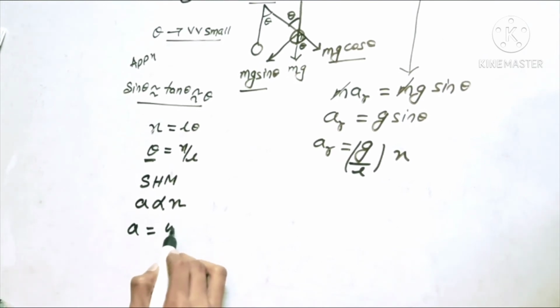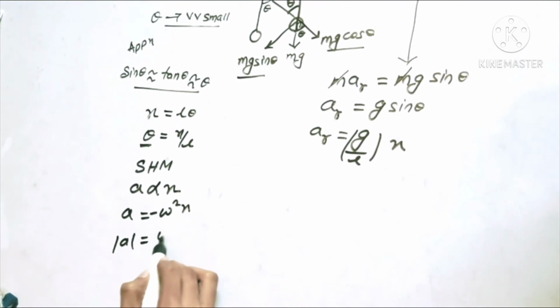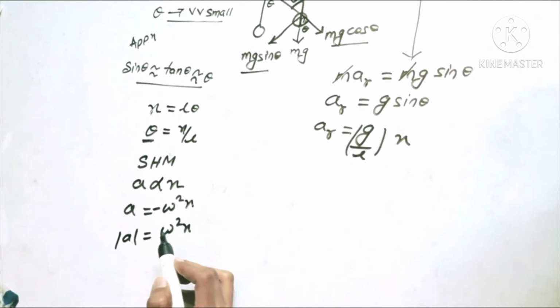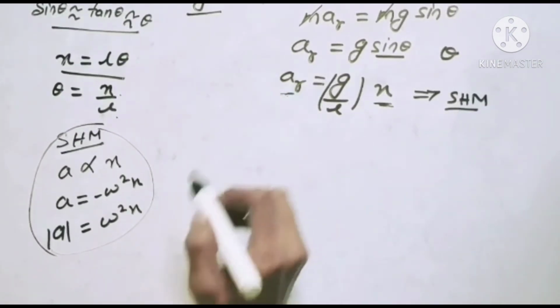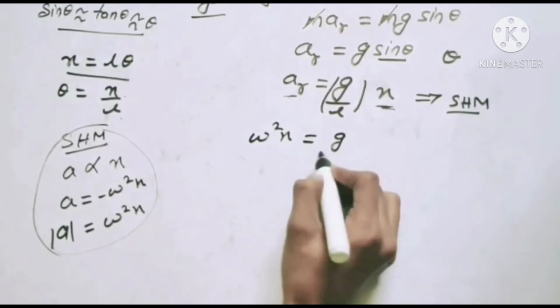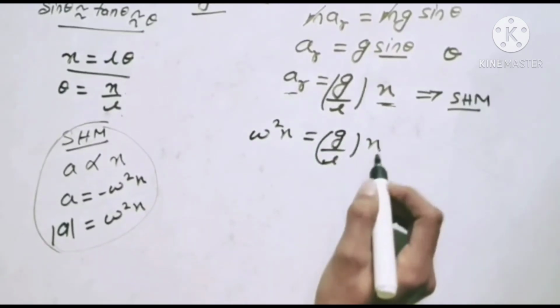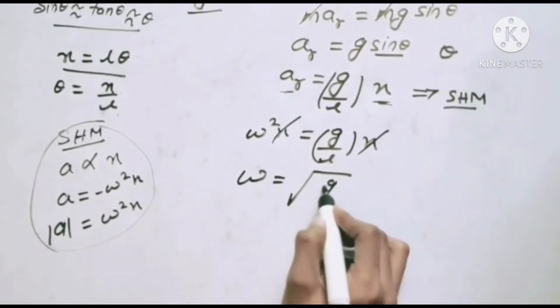A comes out to be omega square x. Here it is a minus, but when we talk about the modulus, we have omega square x. So now we can write this restoring acceleration omega square x is equal to g by L times x. This x gets cancelled. Omega comes out to be under root of g by L.